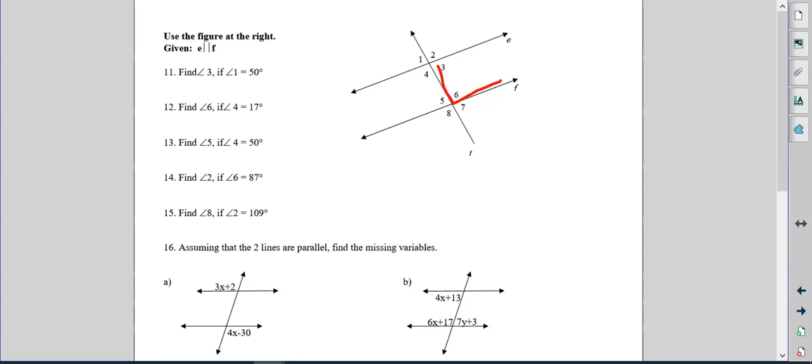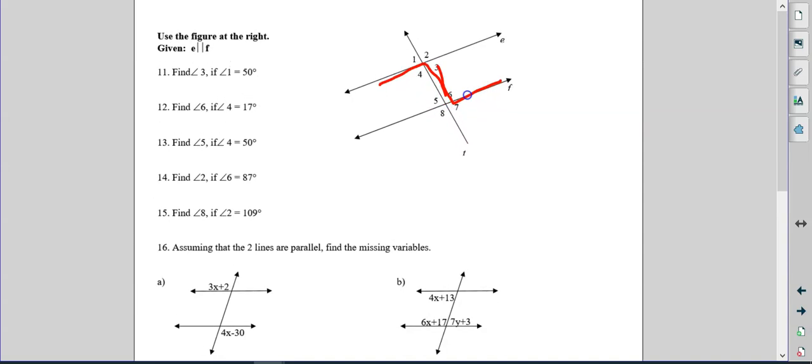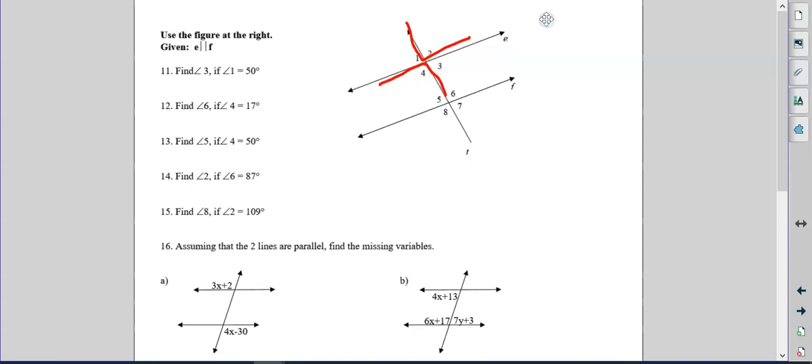And since 8 is a vertical angle to 6, then 4 is also going to be the same. So 2, 4, 6, and 8 are all the same. And there's nothing saying that you cannot go right now and saying, wow.